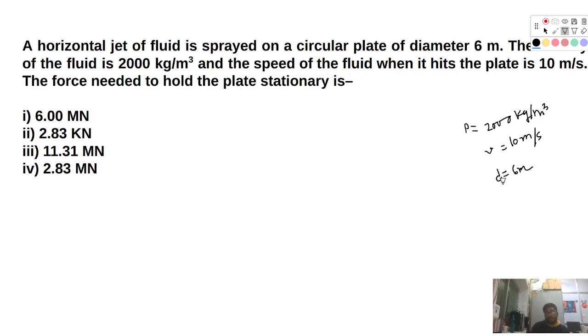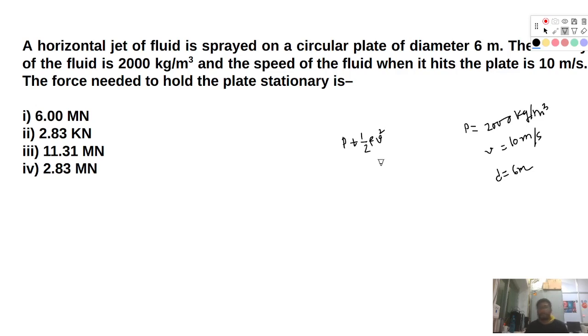Now if we remember the Bernoulli equation, we have the pressure term plus half rho v square, right? If we add two quantities, the dimensionality will be the same, so this half rho v square has the dimension of pressure only, right?